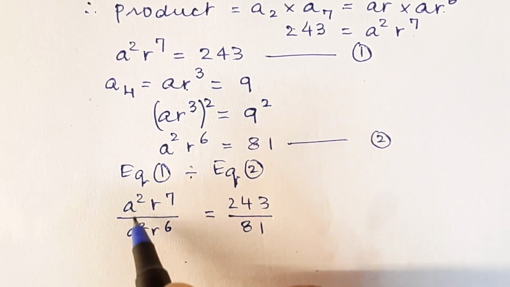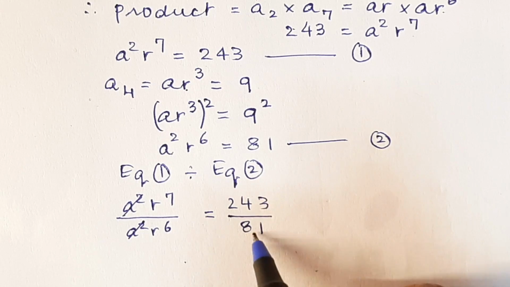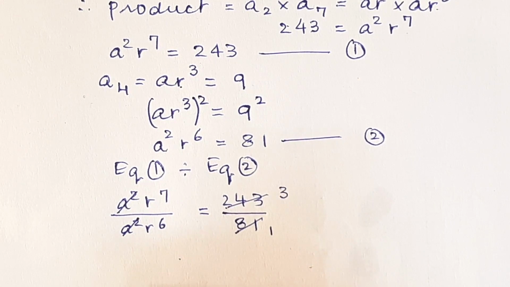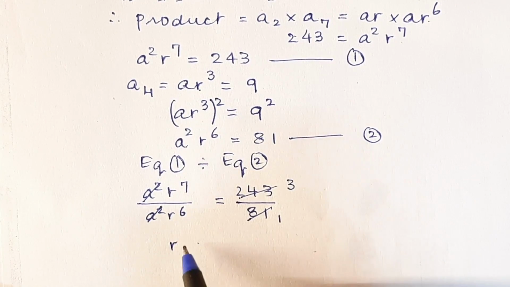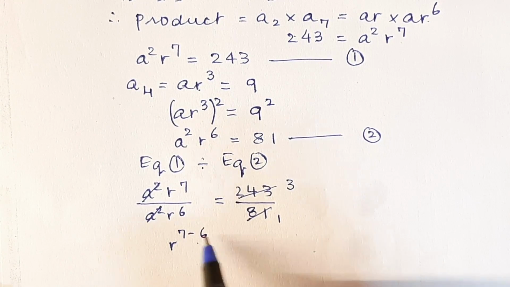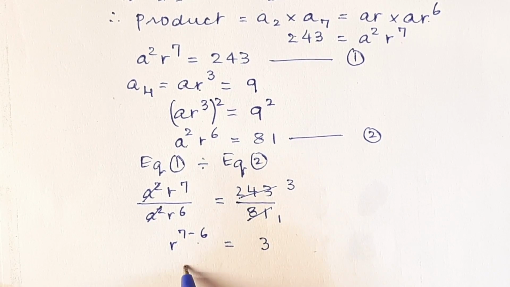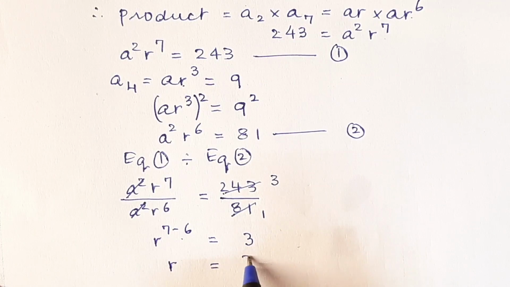Now can we see A squared has got cancelled, and 81, can you see it is a 3-time multiple? Are we able to see that? And so we will have R to the power 7 minus 6 will be equal to 3, and that will give us R to the power 1, which is R, and that is equal to 3.